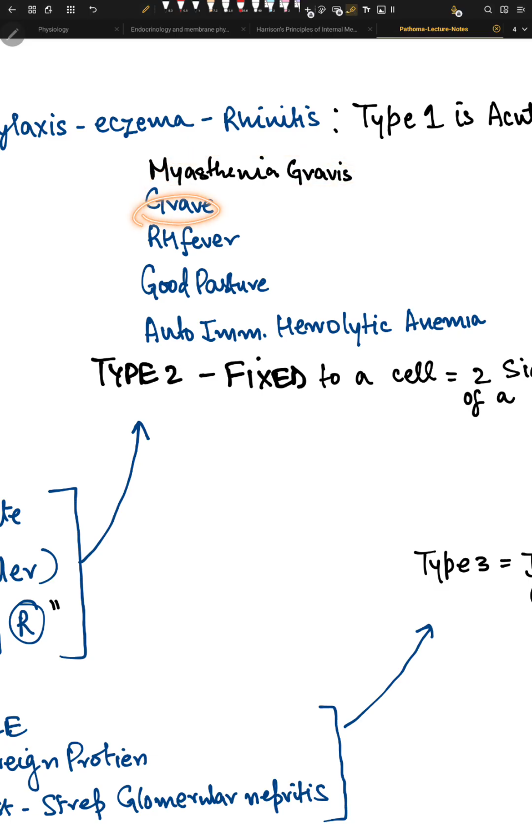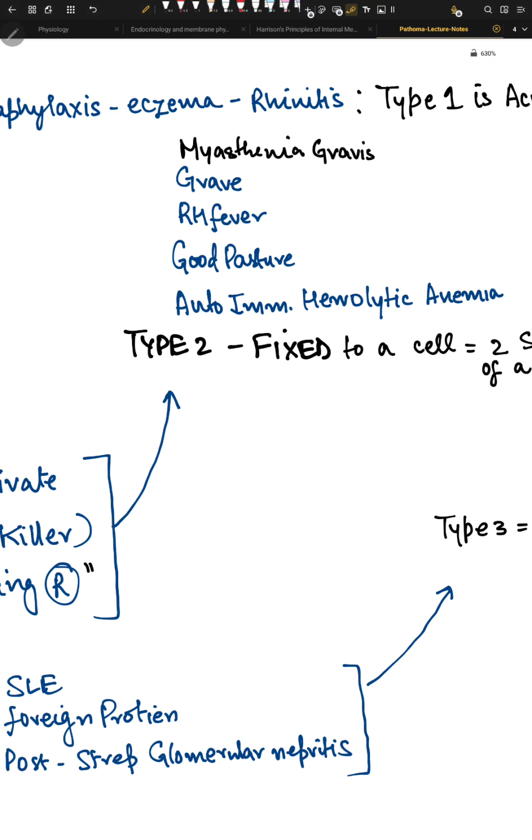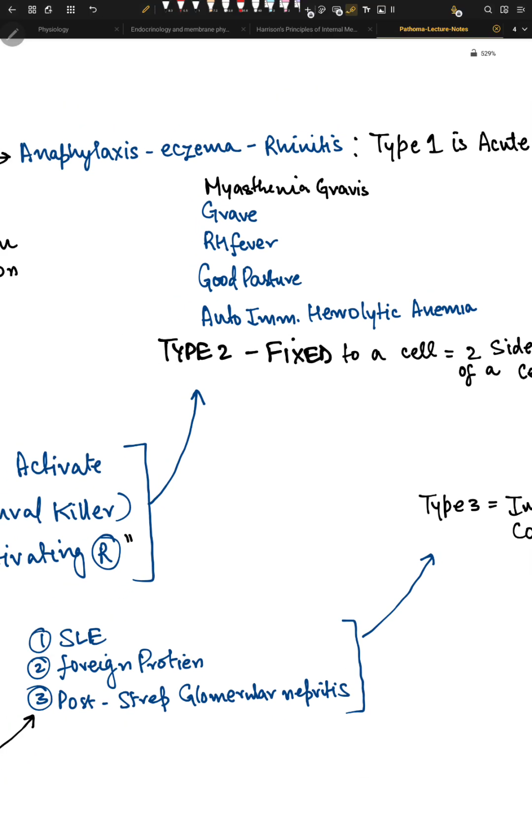But in Graves' disease, the antibodies bind to the TSH receptor on the thyroid cells, on the follicular cells. When these TSH-like antibodies bind, they activate it, and thyroid hormone production starts. Then we have a lot of T3 and T4, a T3 storm happening in our body.